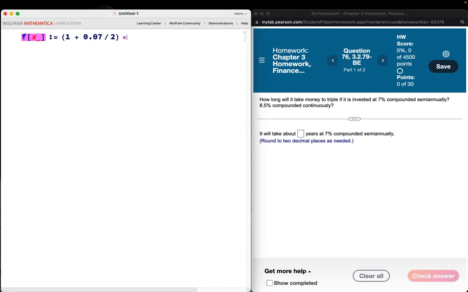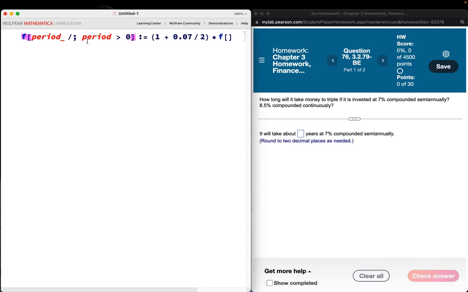Okay. And that's going to be the previous balance. So actually, this variable here, this could be month. Actually, no, sorry. This is not months. Semi-annually means half a year. So 6 months. So really, I should just say period. And of course, the period has to be bigger than 0.